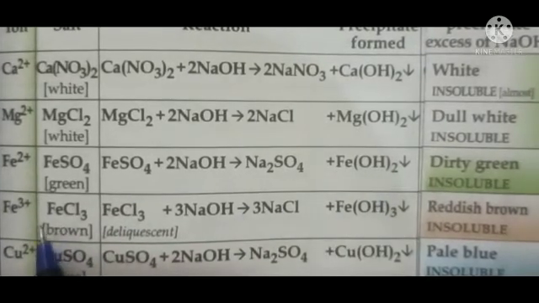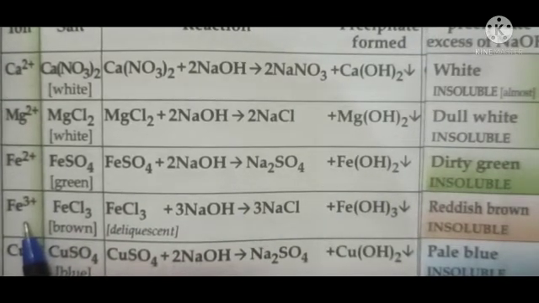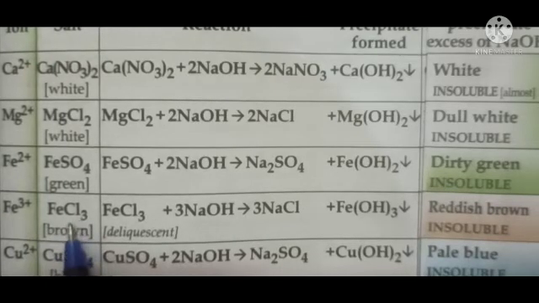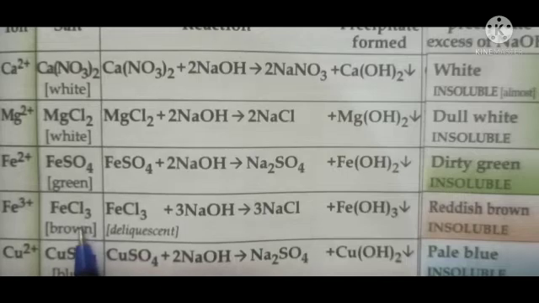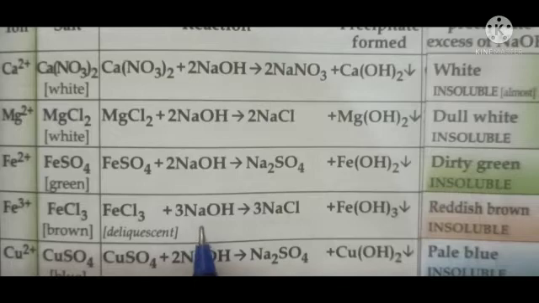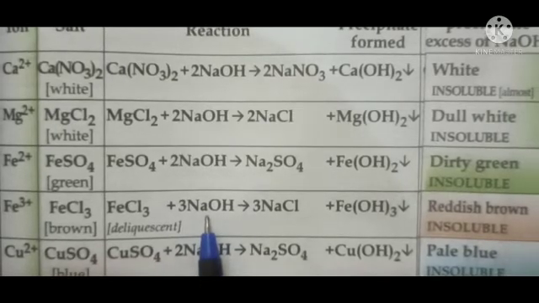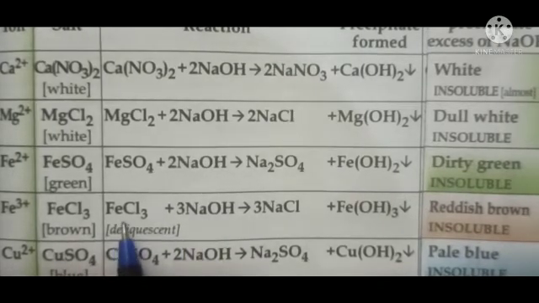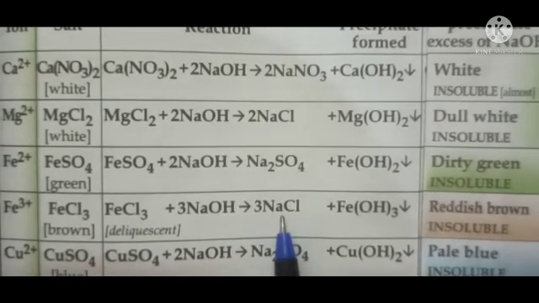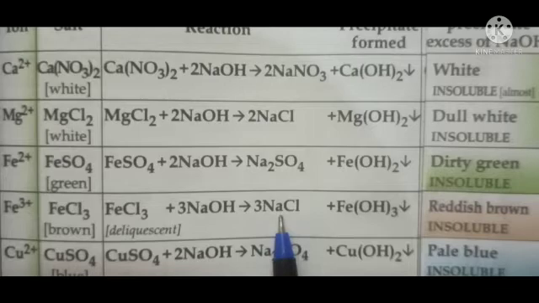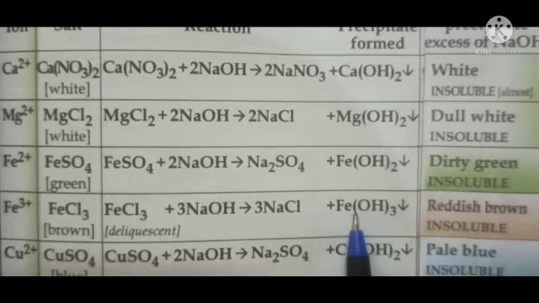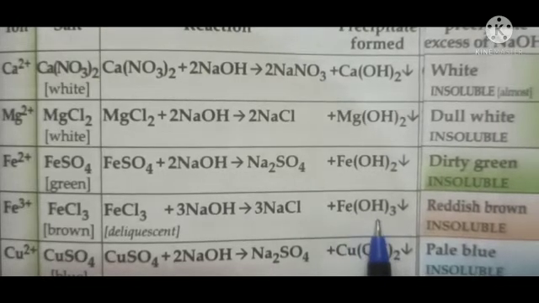Now next is iron 3 cations, that is ferric ions. Ferric ions are brown in color, so you will take a salt solution of iron 3 chloride. When you add a few drops of sodium hydroxide in iron 3 chloride salt solution, you will get a soluble salt solution of sodium chloride and a precipitate of iron 3 hydroxide is formed.